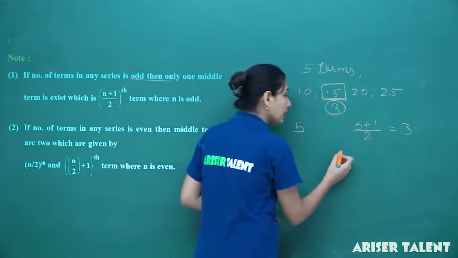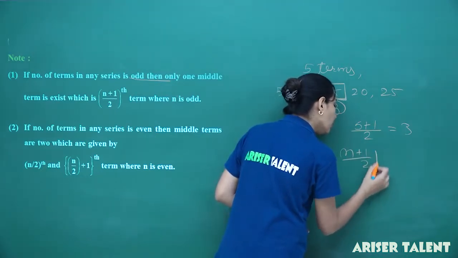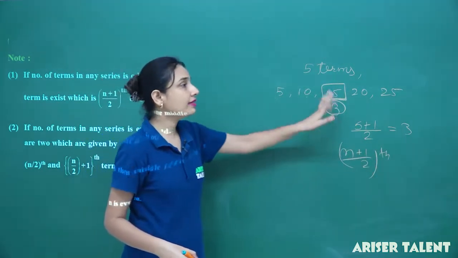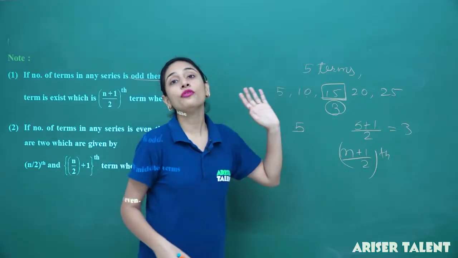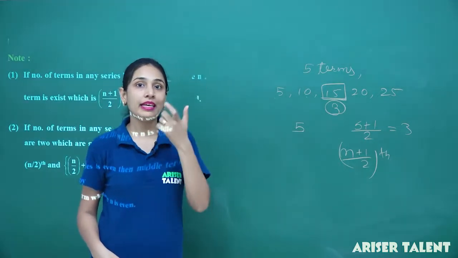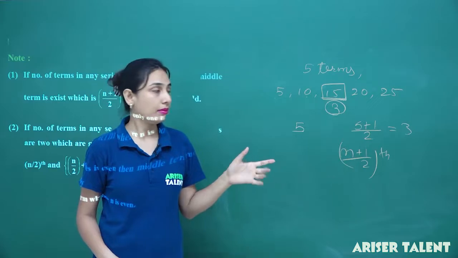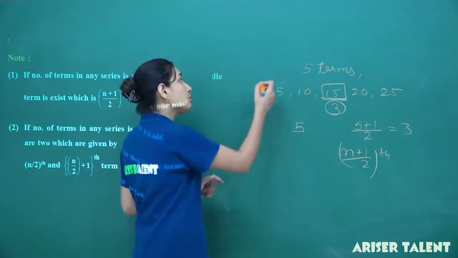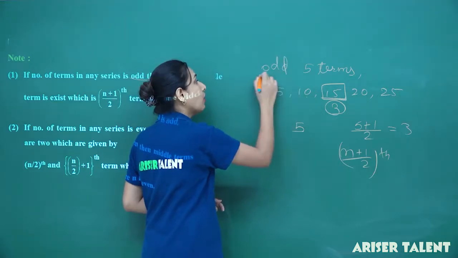So it is our n. So it will be (n plus 1) by 2th term, that is the third term. In case of an odd number of terms, there will be a middle term.